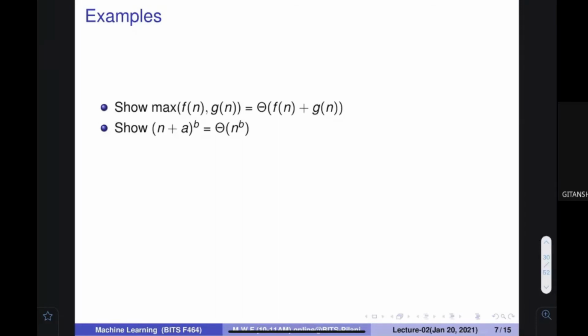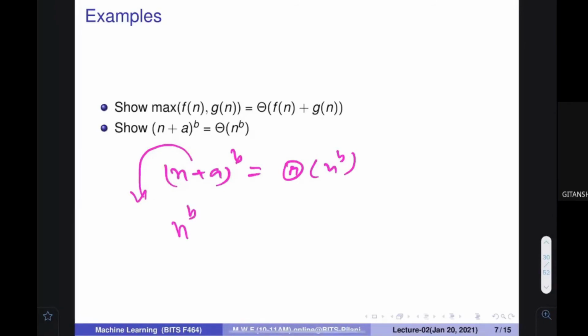Okay, next question: show that (n plus a) to the power b is equal to theta of n to the power b. Here you can apply the binomial expansion. So the term is n to the power b plus nC1 n to the power b minus 1 times a plus dot dot dot.